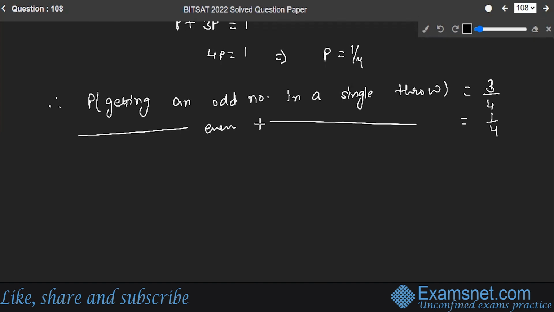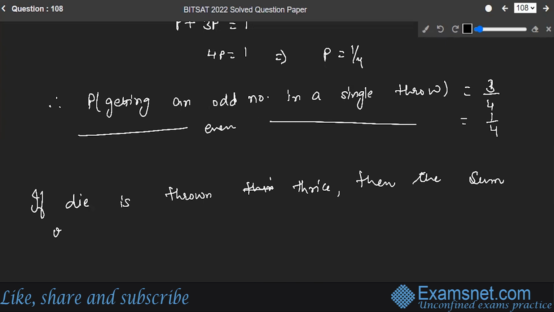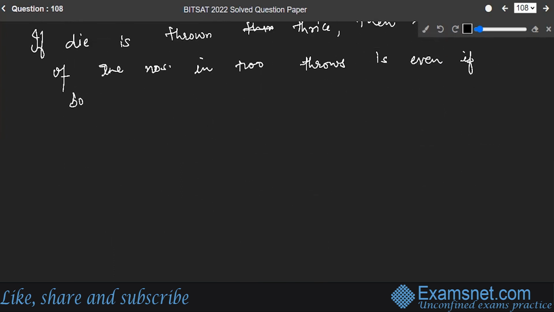Now, if the die is thrown, the sum of the numbers in 2 throws is even if both the numbers are even or both are odd, right?